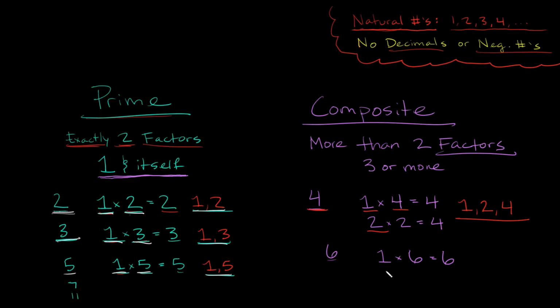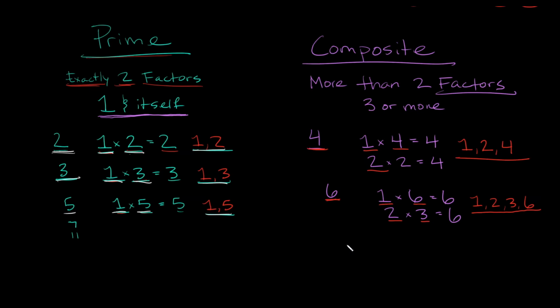We could also multiply 2 times 3, that gives us 6. So how many different factors does the number 6 have? We have 1, 2, 3, and 6. So we have 4 different factors. So the number 6 is composite.